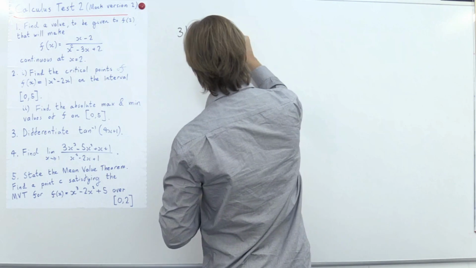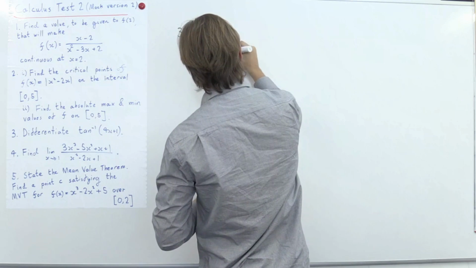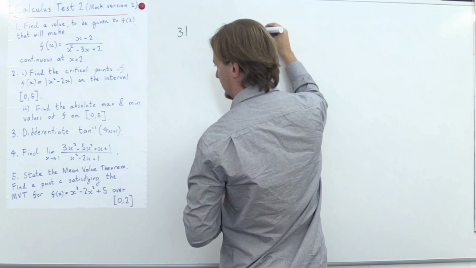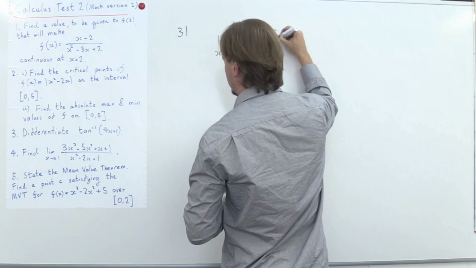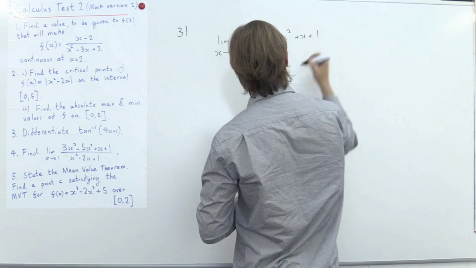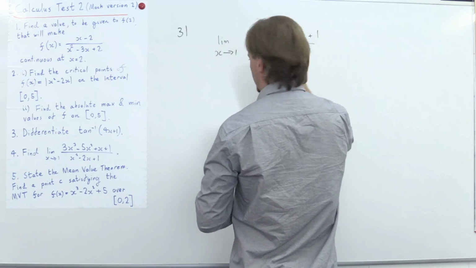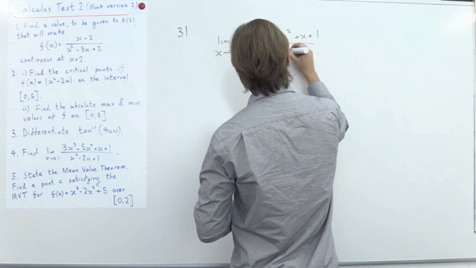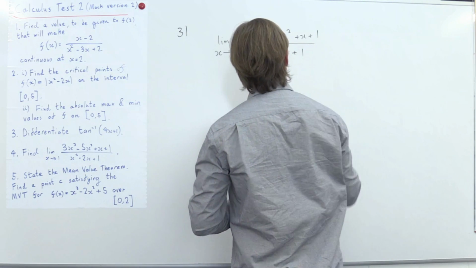Right, so we're looking for the limit as x approaches 1 of 3x cubed minus 5x squared plus x plus 1 on top of x squared minus 2x plus 1.